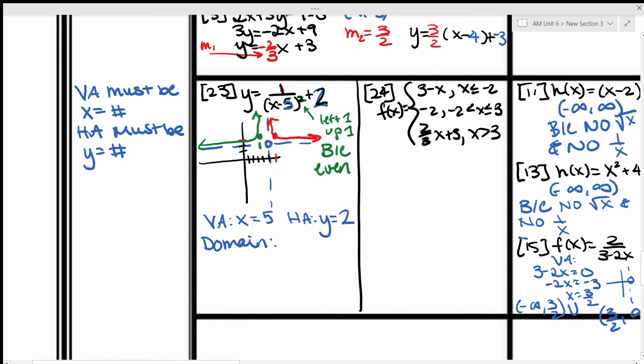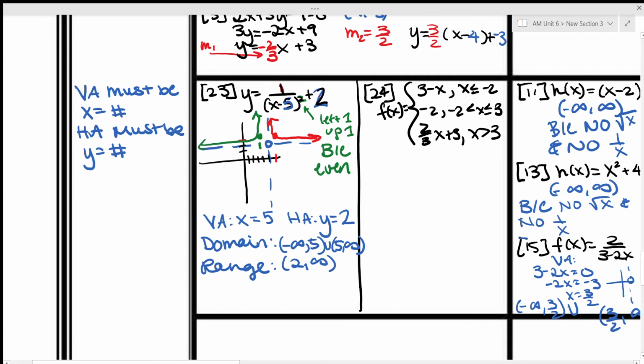It's a split domain, negative infinity, comma, 5, curvy bracket, 5, comma, infinity. Is that okay? Okay, range. It starts at the 2 and goes up forever. Is that okay?